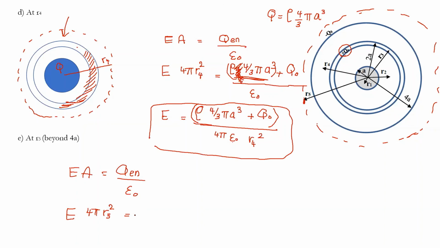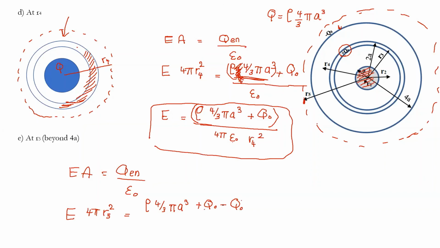What is Q enclosed? It is going to be rho 4 over 3 pi a cubed. This is from the insulating sphere. And what else do we have? We have this shell and this other thing also here, right? So you have a positive Q naught and a negative Q naught.